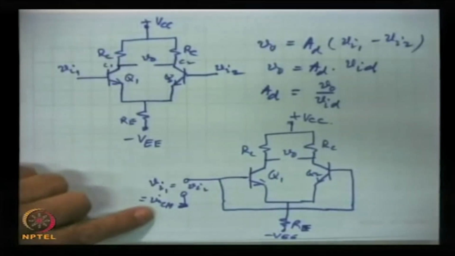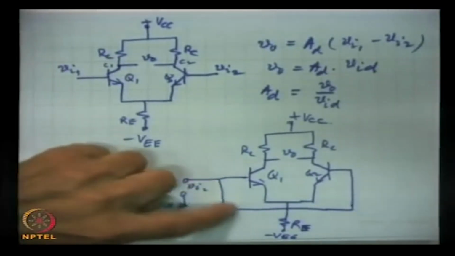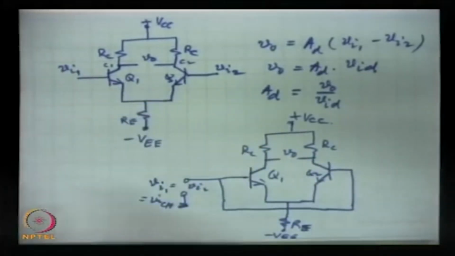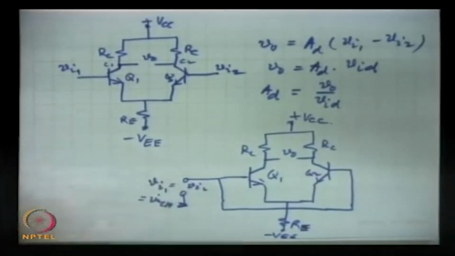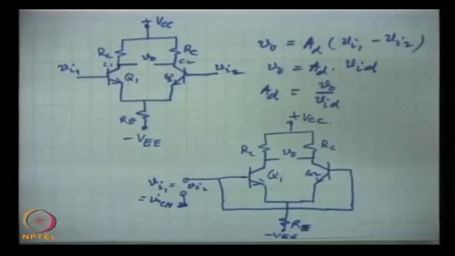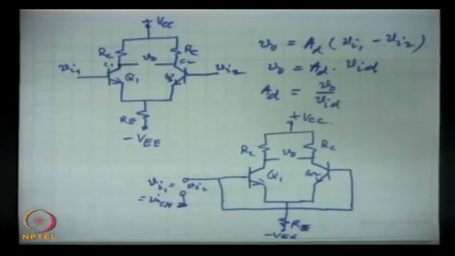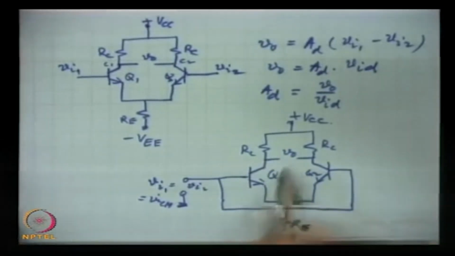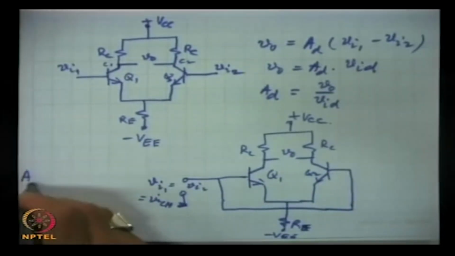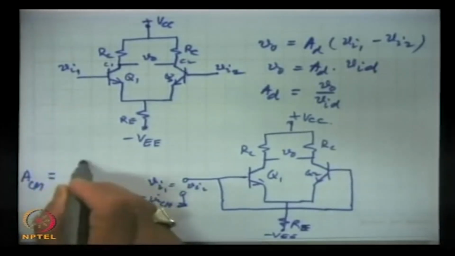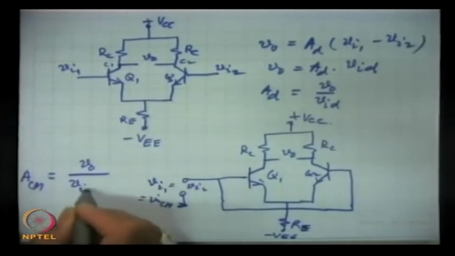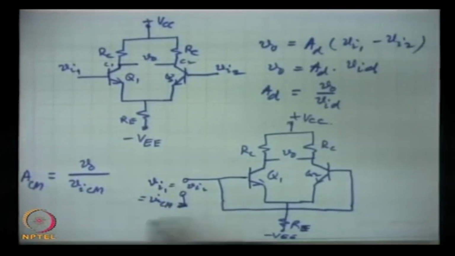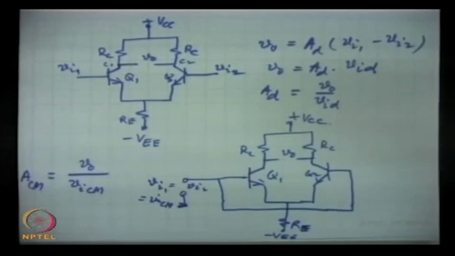In this case we short the two inputs of Q1 and Q2 and apply the same input to both. So, this is input in common mode and we measure the output, and ACM will be equal to VO by VICM, whatever signal we give.